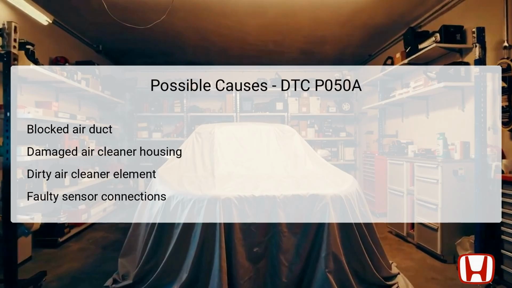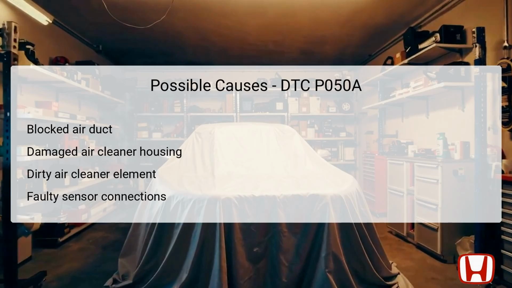There are several potential causes for the P050A error code. A blocked or improperly installed intake air duct could obstruct airflow, impacting the engine's ability to receive the necessary air under cold start conditions. A damaged air cleaner housing can cause unfiltered air to enter the intake, leading to contamination and impaired operation.